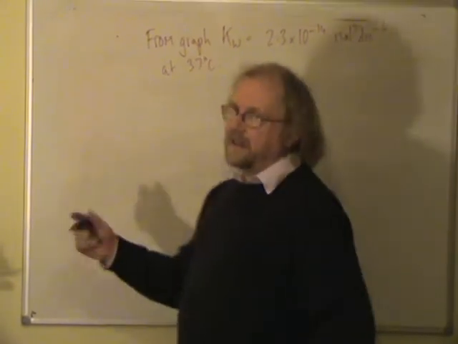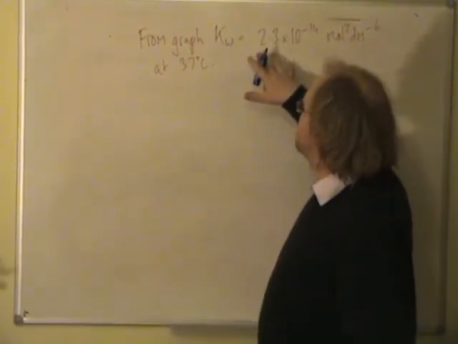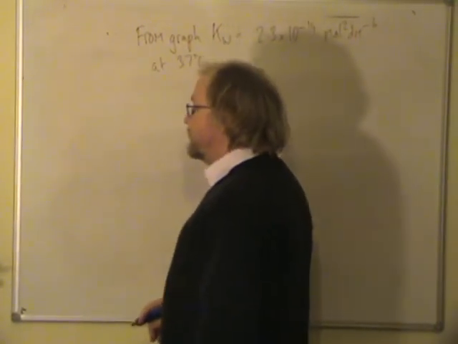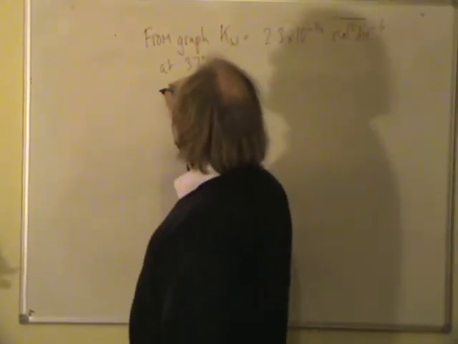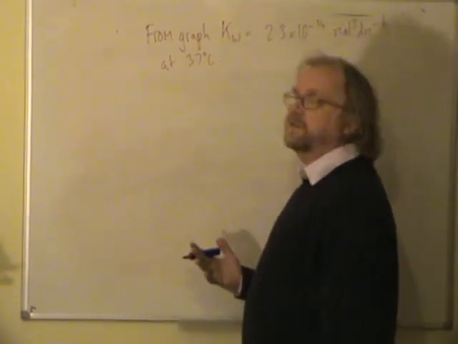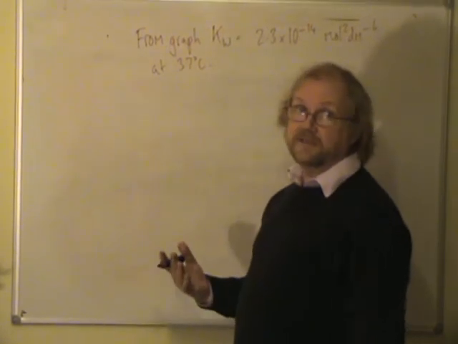Okay, and they allow you a little bit of leeway on that because the graph isn't very accurate, but do it fairly carefully to read off the number. So then, as always, we think, what do we need to do to go from that value of Kw to the H plus concentration?